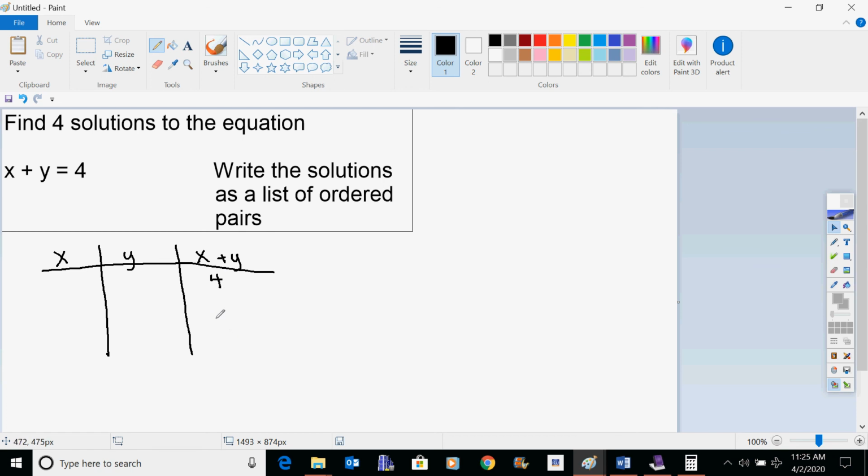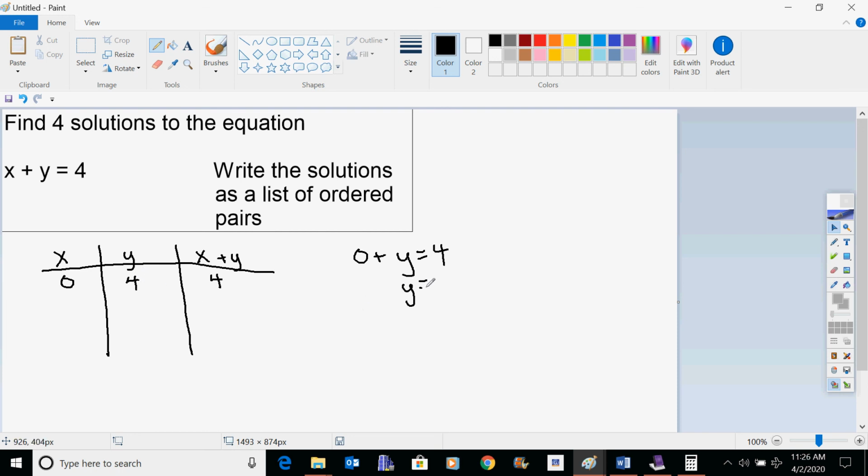So when I start picking my x values for this, let's say I picked a 0. I'm looking for what number goes with 0. 0 plus what number equals 4. And some of this part is just mental math, because 0 plus 4 equals 4.